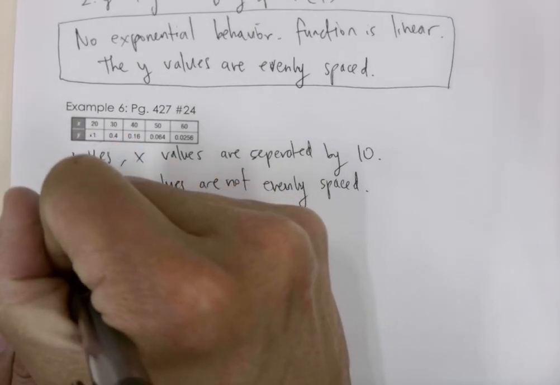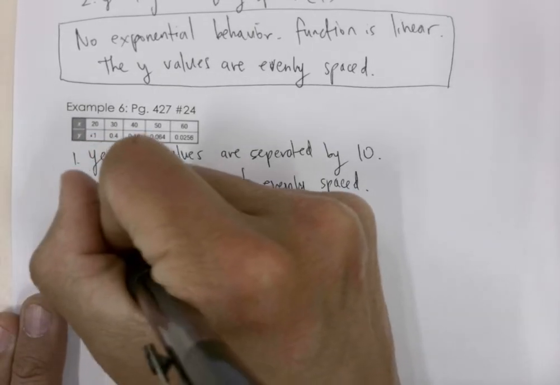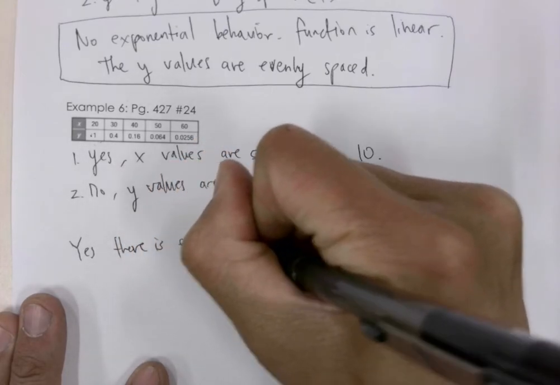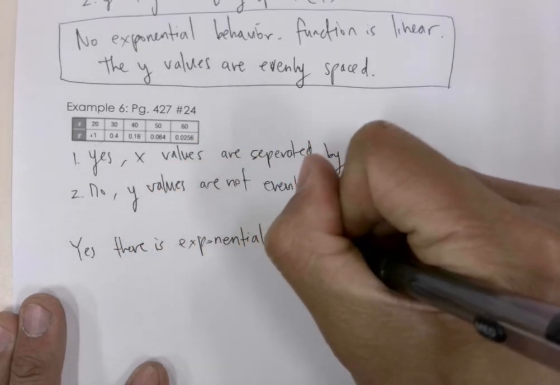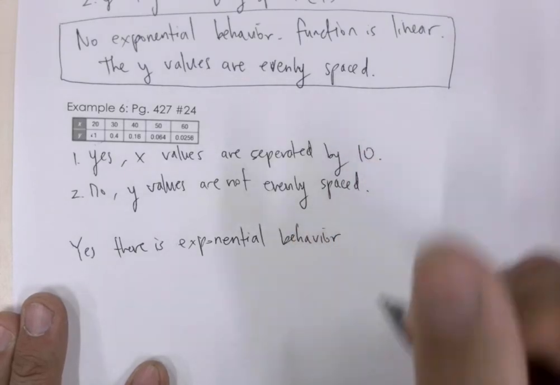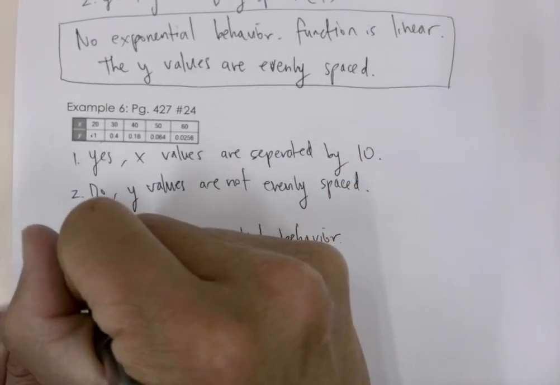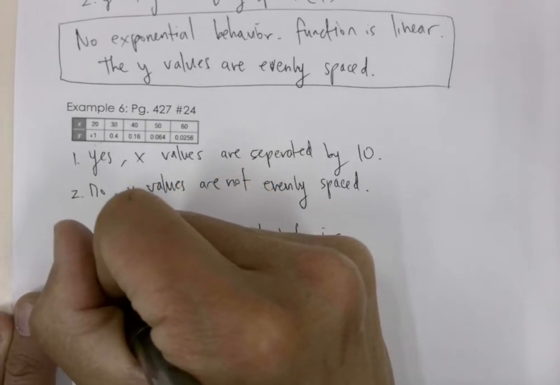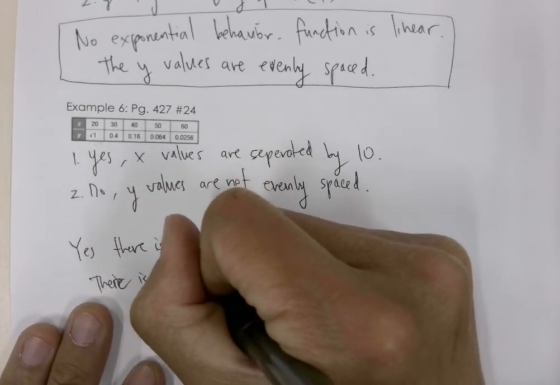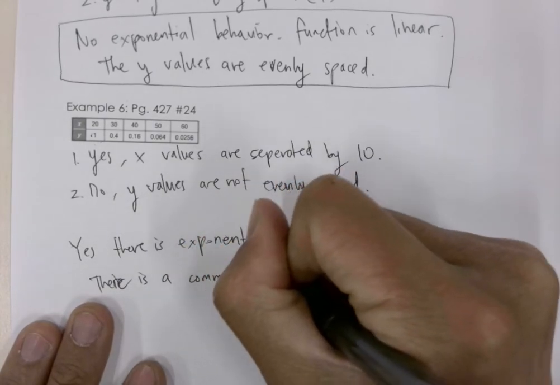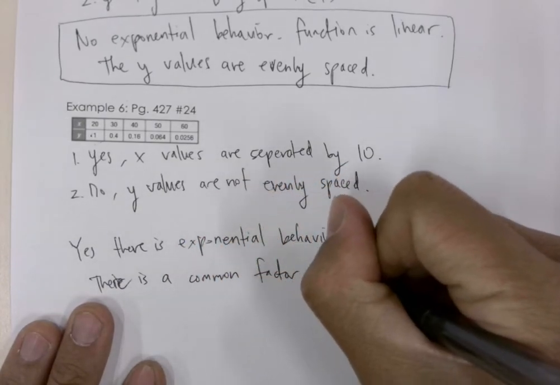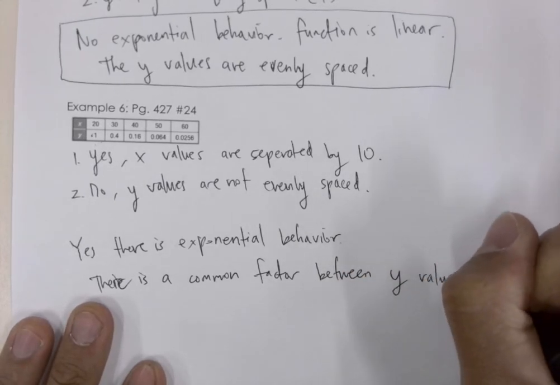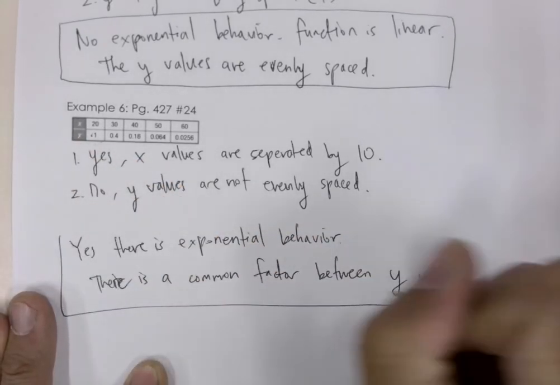So we're going to say here, yes, there is exponential behavior. And why? Because there is a common factor between y values. Put a box around that.